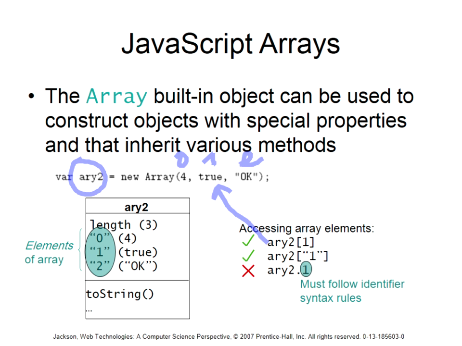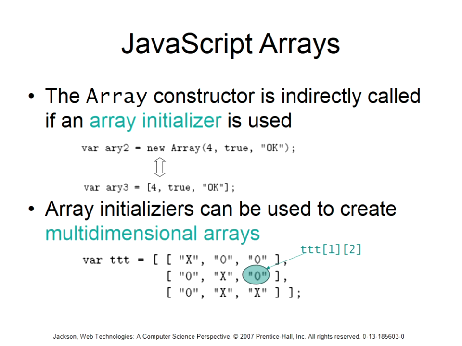I can write array2['1'] with 1 as a string, but I cannot write array2.1. This is a mistake. Is it clear? Good.